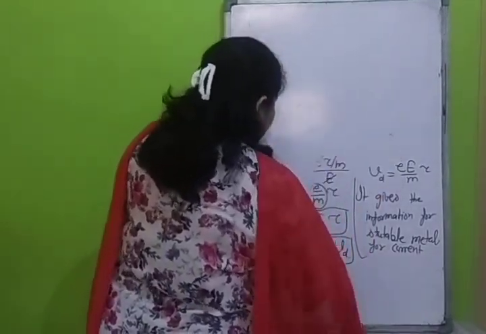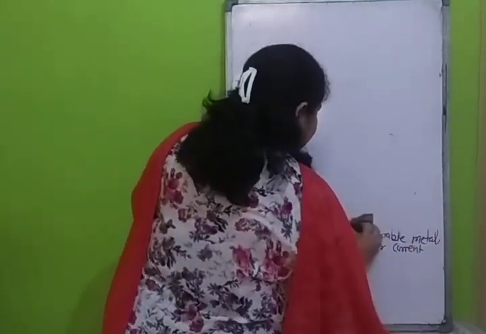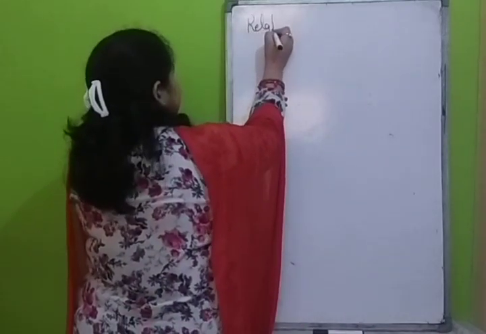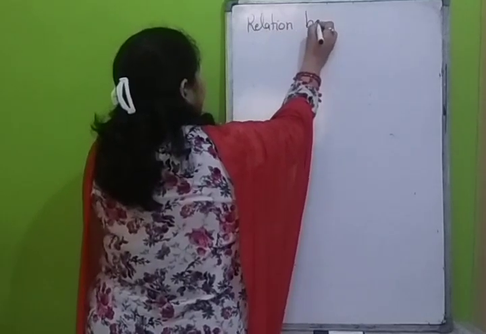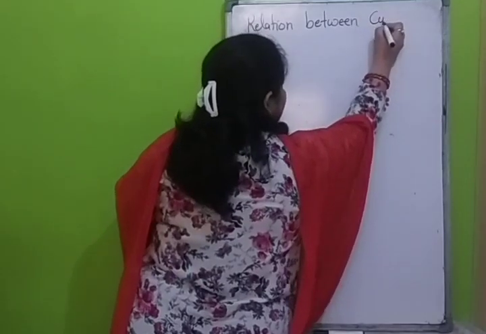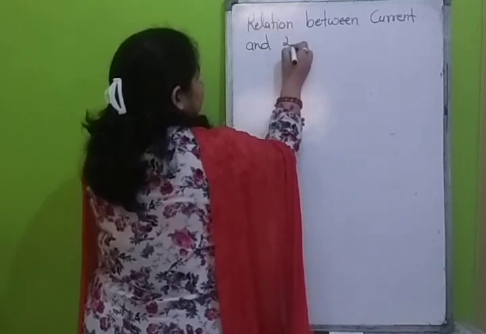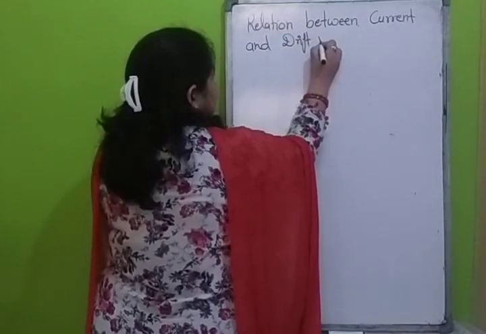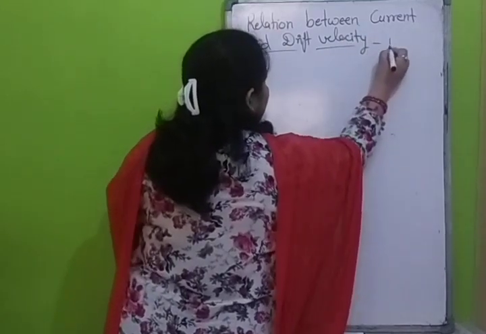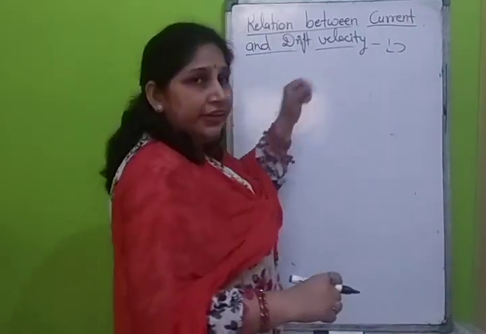relation between current and drift velocity.